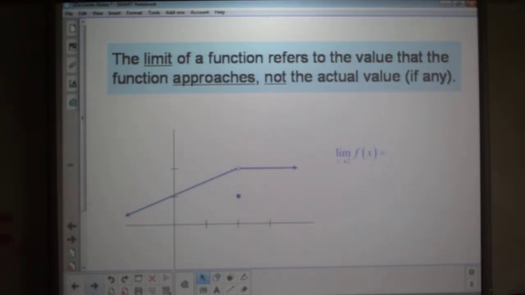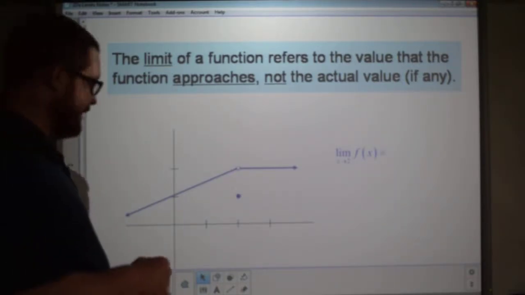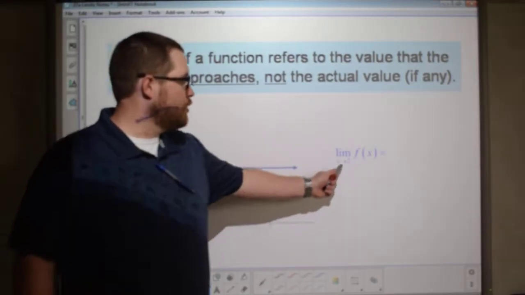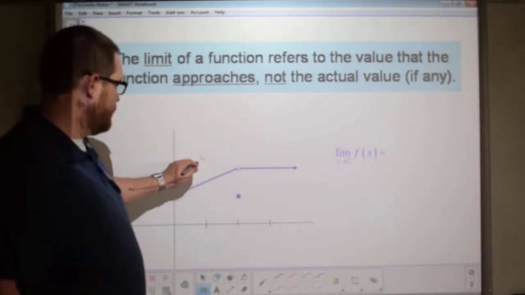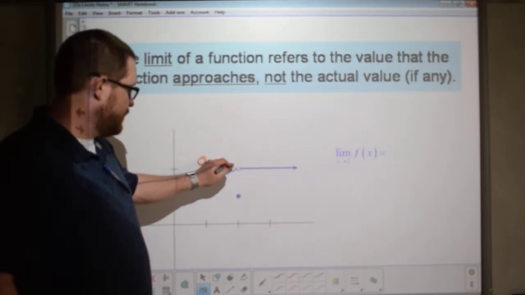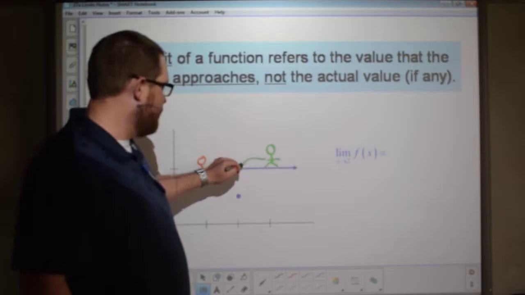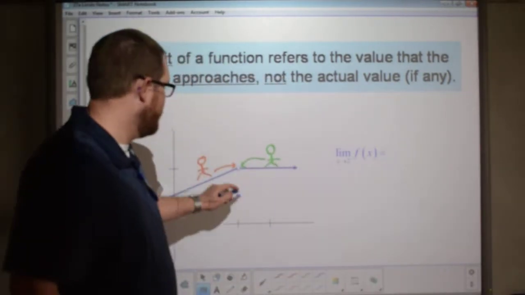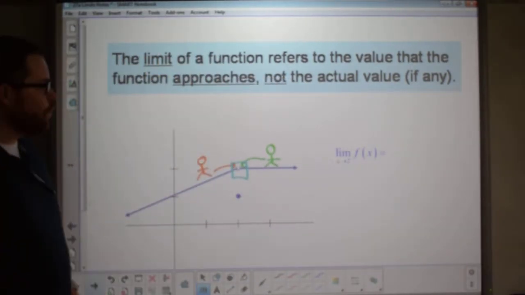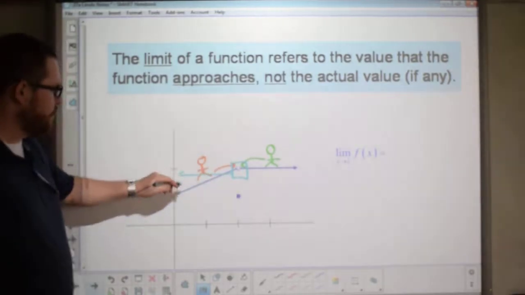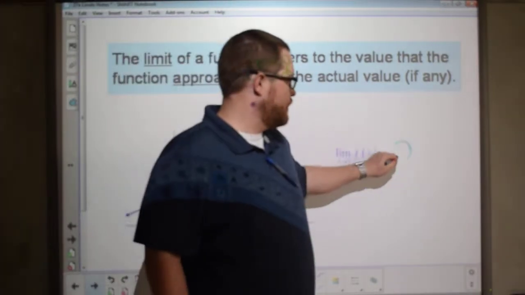Remember, it's where you're going to, not where you actually get to. So this is saying as you approach the point 2. So this guy coming from the left and this guy coming from the right are both approaching this hole. What's the y value of that hole? The y value of that hole is 2.